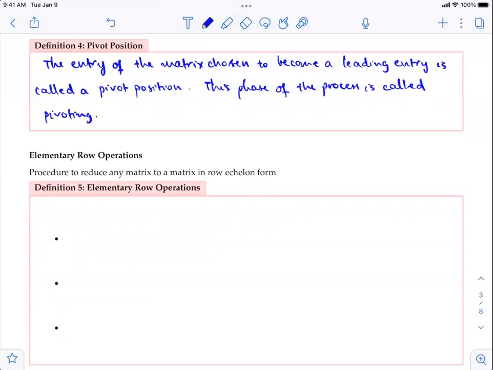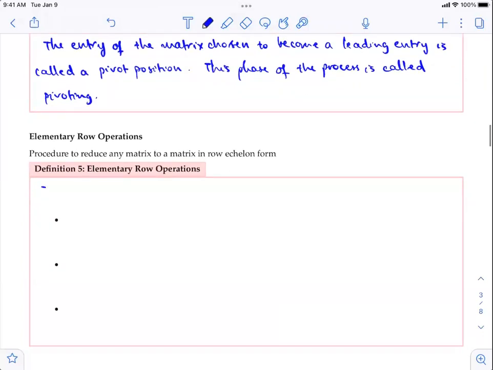Okay, so for elementary row operations, the procedure to reduce any matrix to a matrix in row echelon form or reduced row echelon form, for that matter, requires three elementary row operations.